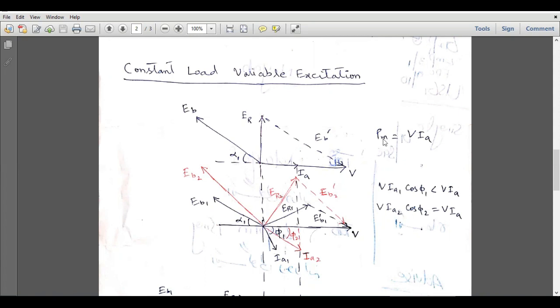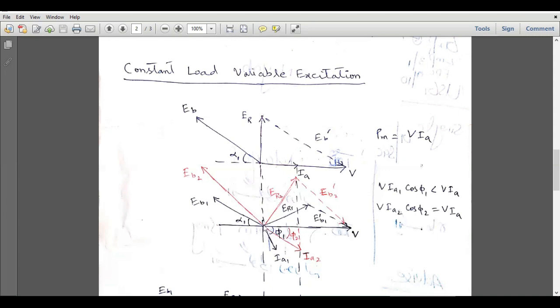If we have kept the load constant, the mechanical power available under this condition will be smaller than V times IA1. V times IA1 is the product of this applied voltage, which is constant, and this armature current vector. In this case, the armature current vector is IA1 and it is deflected downward.